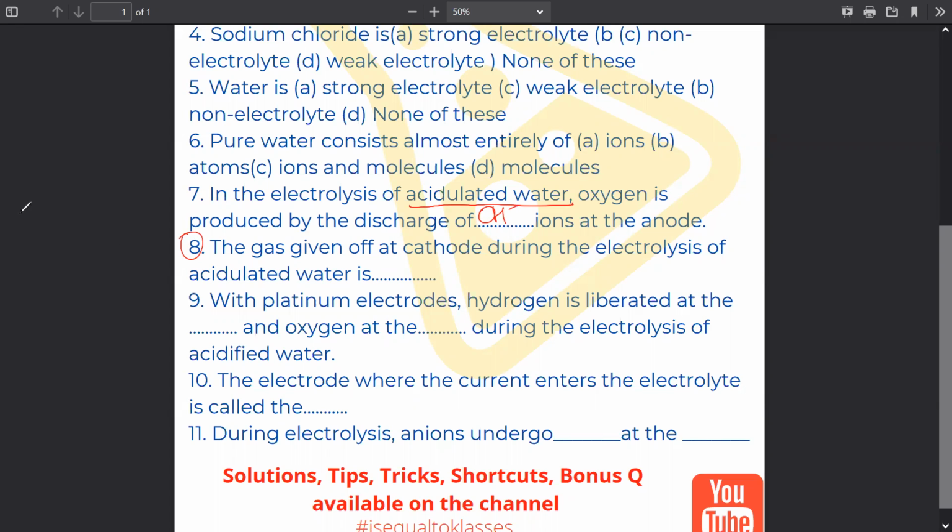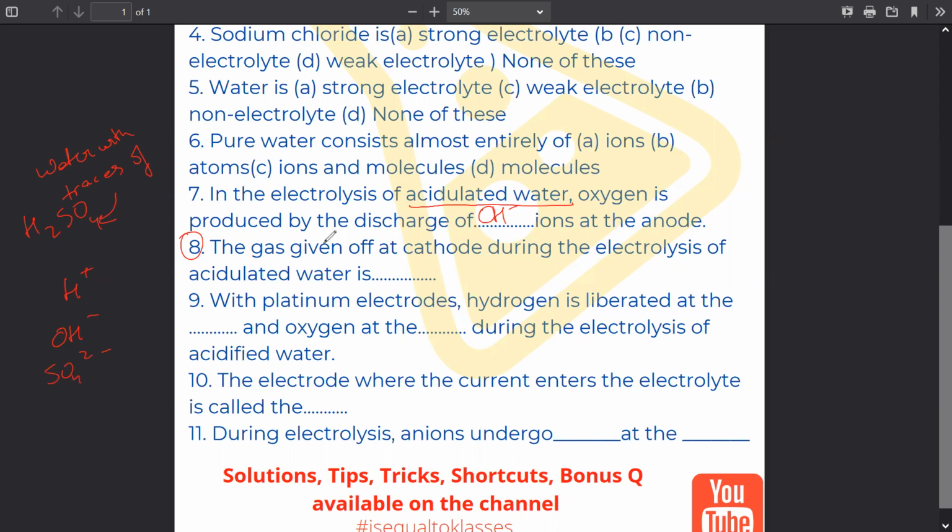Acidulated water, as I said before, is water with traces of H2SO4 in it. So the main ions in acidulated water are H plus ions, OH minus ions, and SO4 2 minus ions.